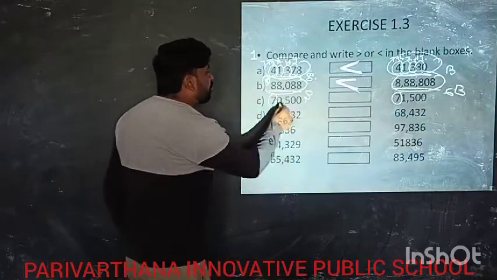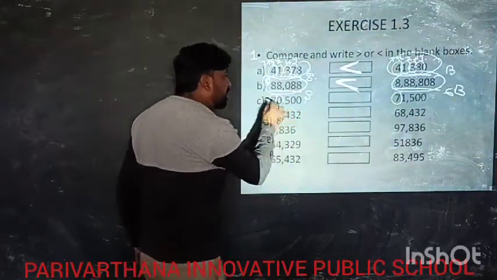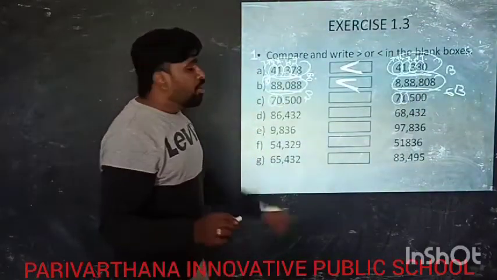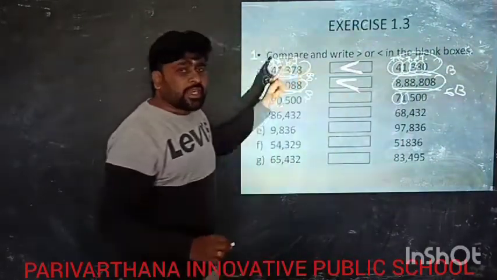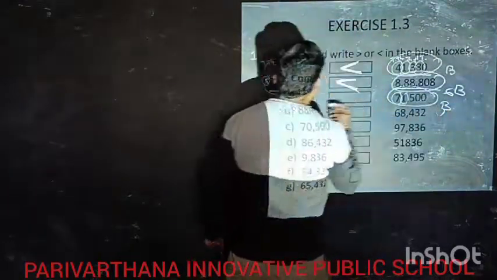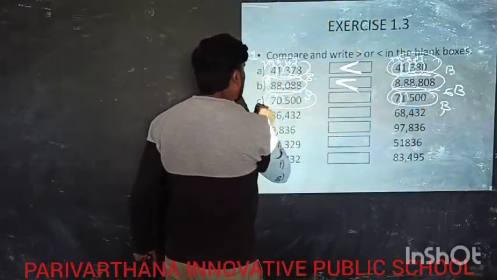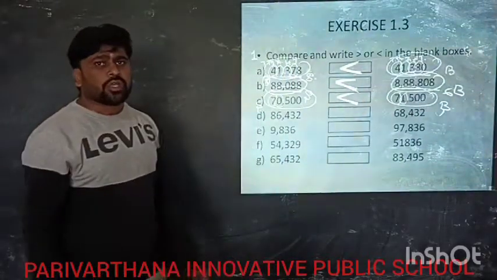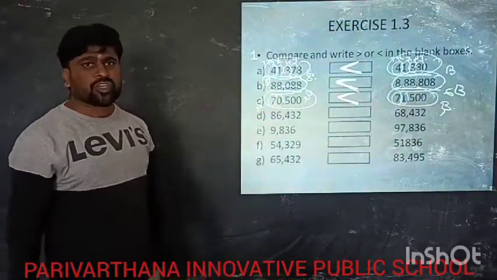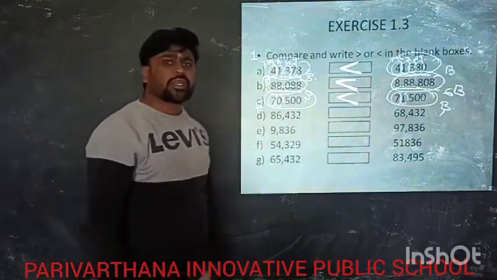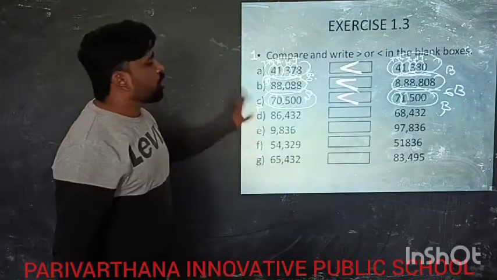Now come to the 1000 place, it is 0, and here the 1000 place is 1. That means the digit 1 is greater than 0. Therefore this is the big number and this is the small number. The arrow points towards the small number like that. The third answer is also the same as the first and second.